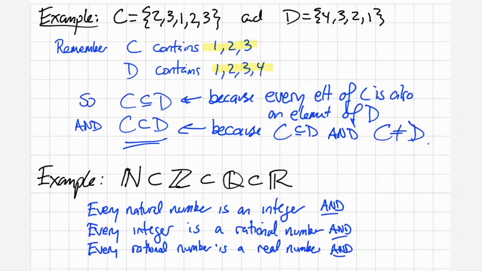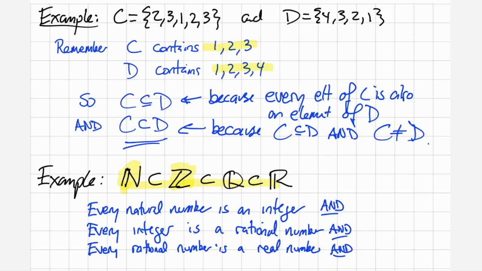All right, one more example here. Let's look at this chain of subsets, and indeed chain of proper subsets. So why is this true? Remember, this capital N represents natural numbers, and those are the numbers 0, 1, 2, and so on. And capital Z represents all integers. Now, every natural number is an integer, but we need not just that, we need to show that they're not the same.